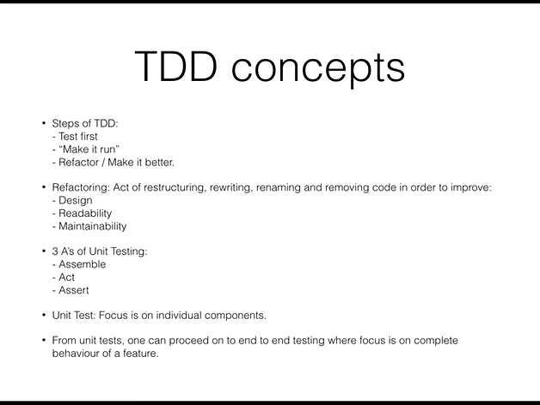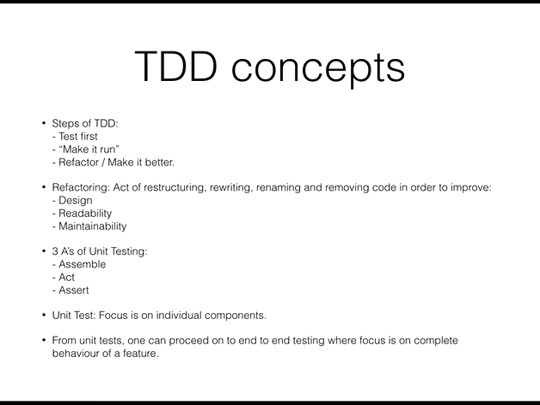Once you are done with the unit test, let's say this is one function. Then say the user logged in, you need to validate it, then you need to check with the database. These are unit functions. You combine these unit functions to test a whole feature.